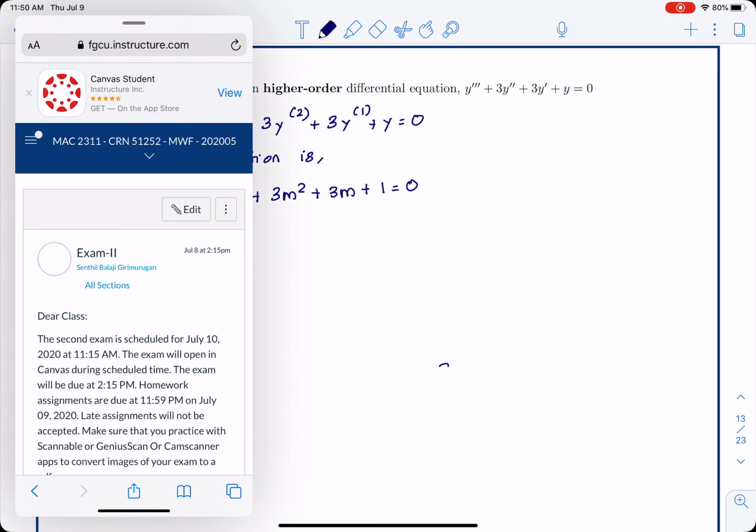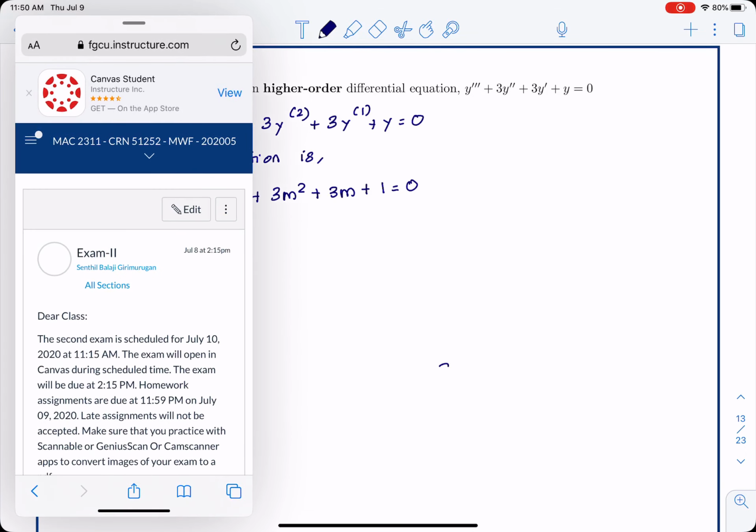And I'm going to ask the calculator to guess for me. So enter. And it gives me y is equal to 0 and x is equal to minus 0.9999. But I know that the root here is negative 1. So the root is m equals negative 1.